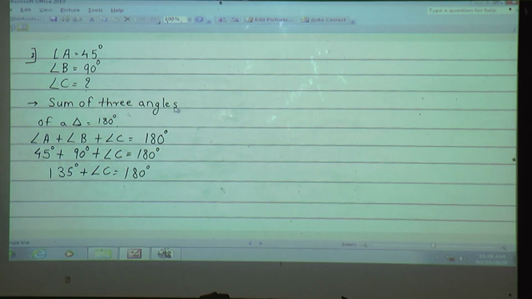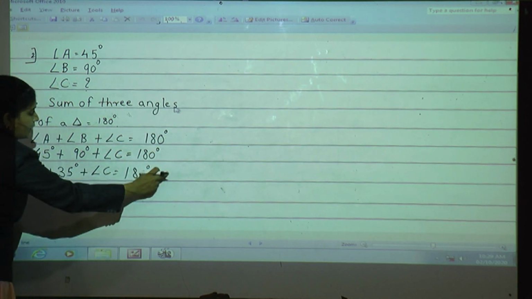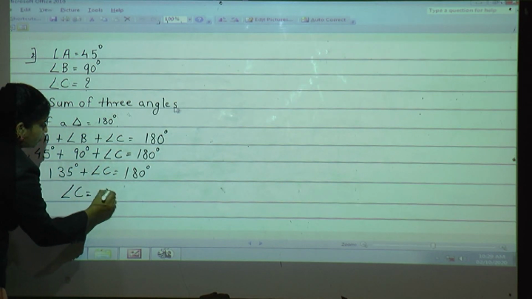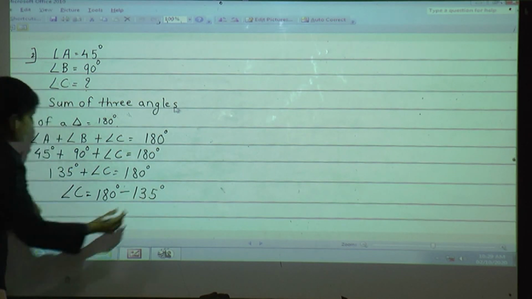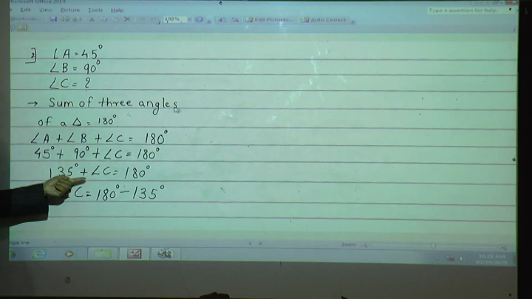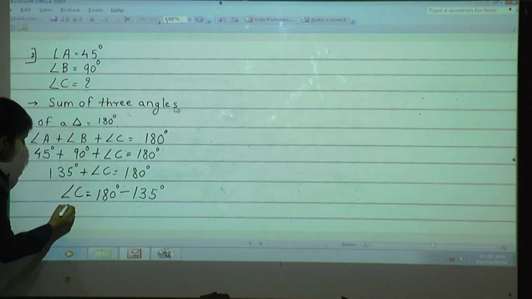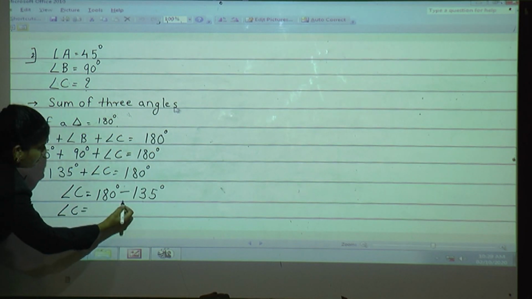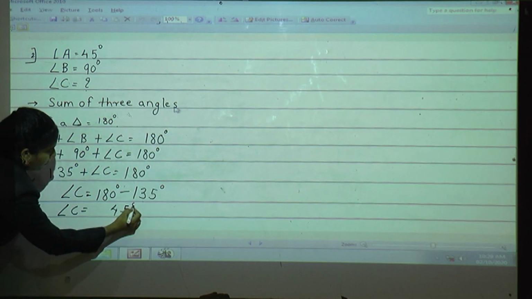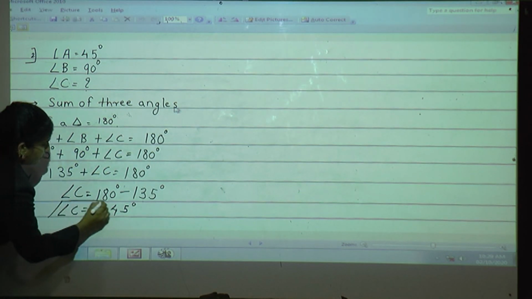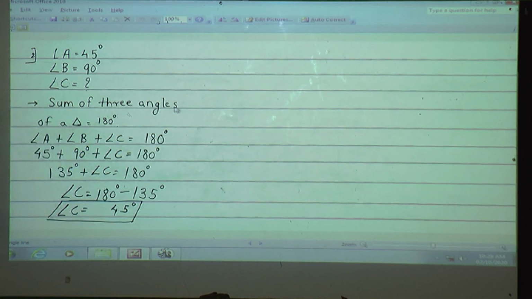Now students, angle C will go to the right side, so give the minus sign, because here is a plus addition. Now subtract this, we will get 45 degree. The angle C is equal to 45 degree.